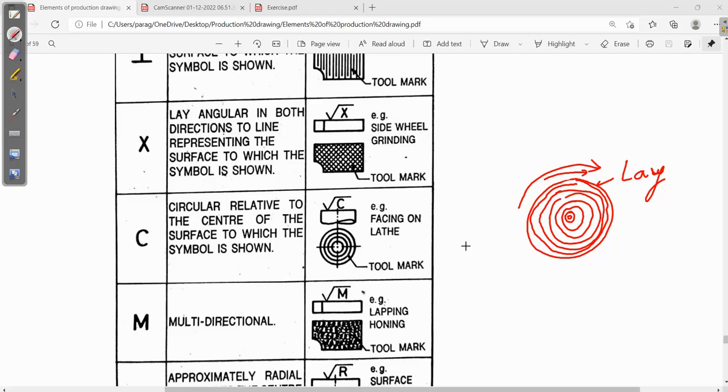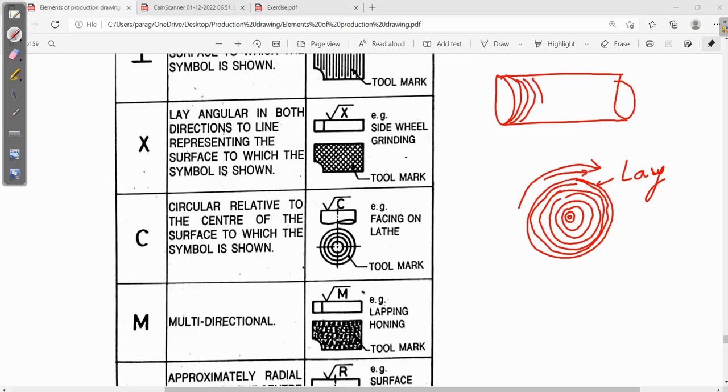This is for your facing operation. Now consider a turning operation. This is a shaft.